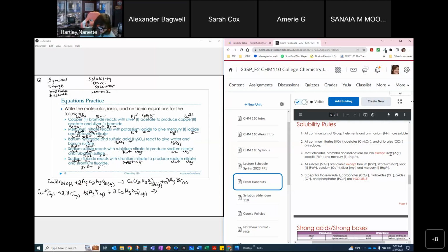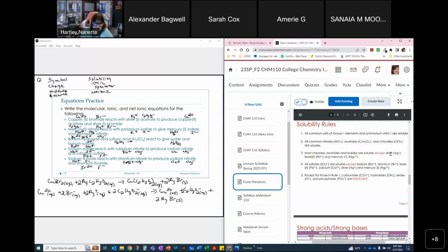Now, that's going to give me 2 soluble guys. So Cu2+ is soluble, plus C2H3O2. There are 2 of those. They're negative, and that's aqueous. Plus that 2 AgBr solid.